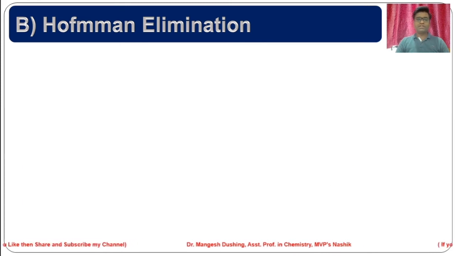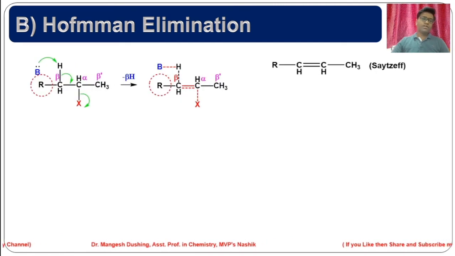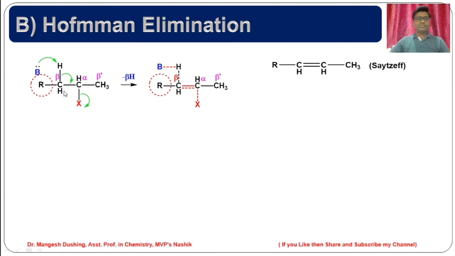What is the role of the size of the base as well as the size of the leaving group? Friends, suppose this is the transition state for the more substituted product, the Zaitsev product. See here, the base will attack or abstract this beta hydrogen. So this electron pair goes over and the leaving group will leave. So this is the transition state we will get.